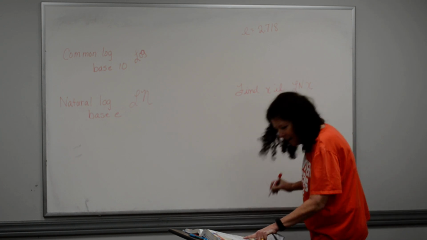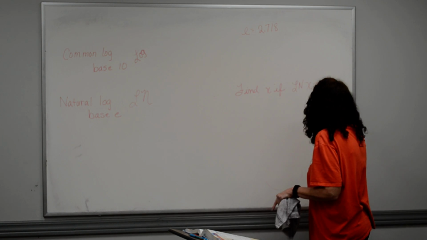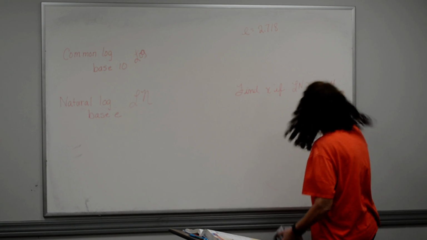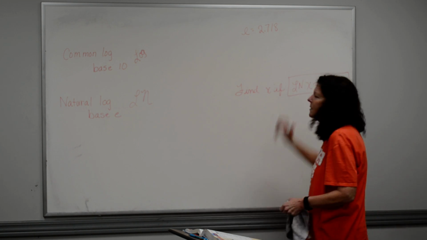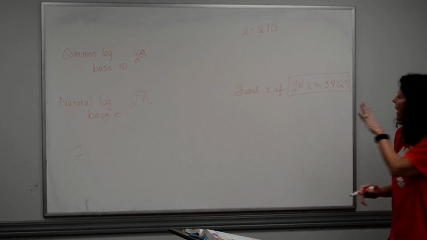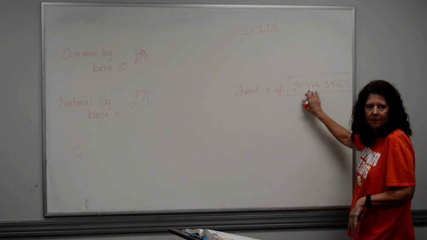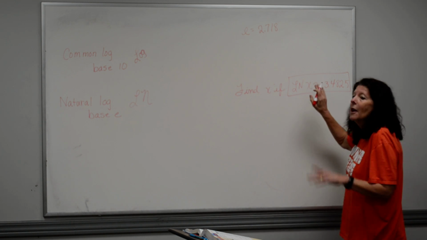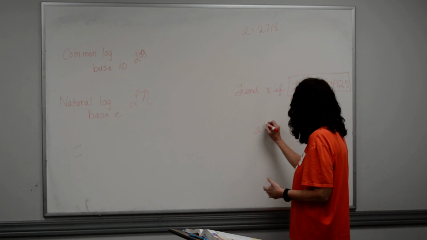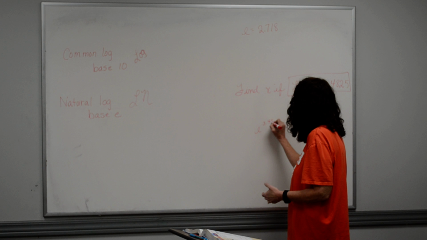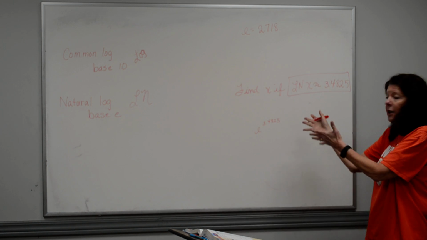The ln of x is approximately 3.4825. So I'm trying to find x. Here is my problem right here. What I'm saying is e to this power is equal to x, right? But there's an easy way to do it. I literally could take my calculator and go e raised to the 3.4825 power, and I could get my answer.